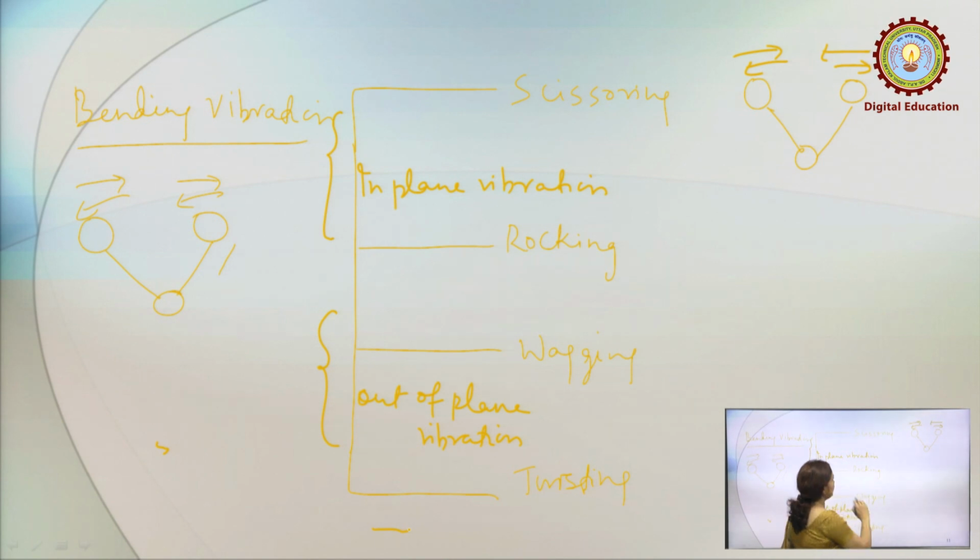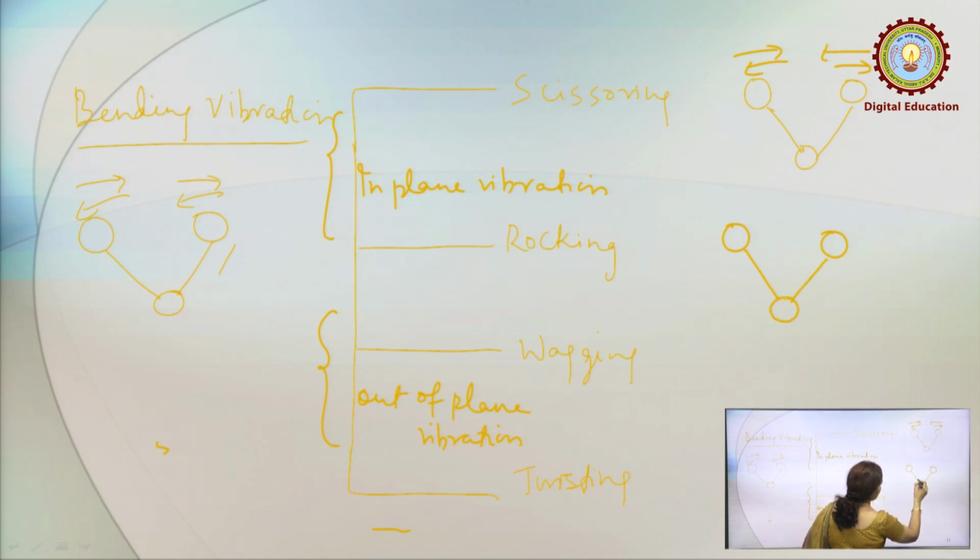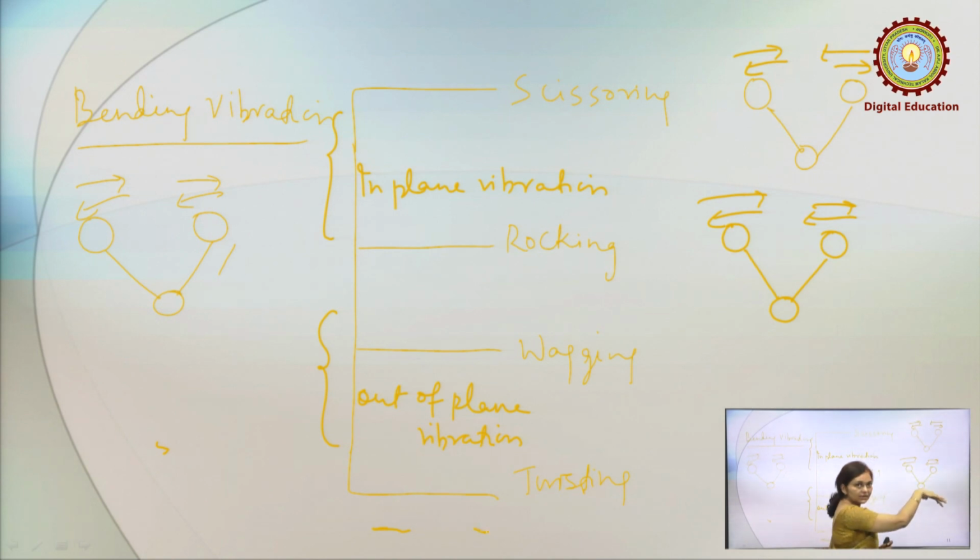The second type is rocking. Again, this is the central atom attached with the two adjacent atoms. In this case, both the atoms move in the same direction, either bending in this direction or in this direction. And the third one is wagging.